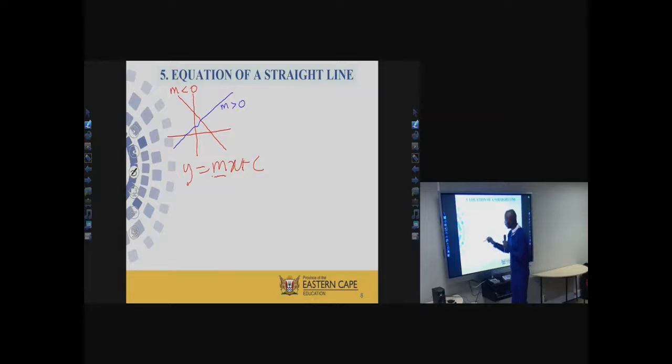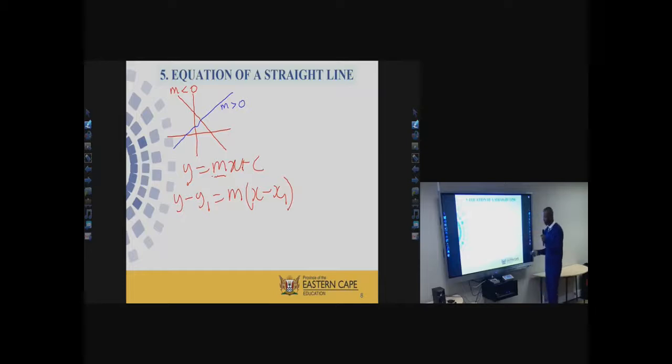But obviously, you can still use y minus y1 is equal to m into x minus x1. Remember, if you divide both sides by x minus x1, it becomes m is equal to y minus y1 over x minus x1, which is still in the format of a gradient.